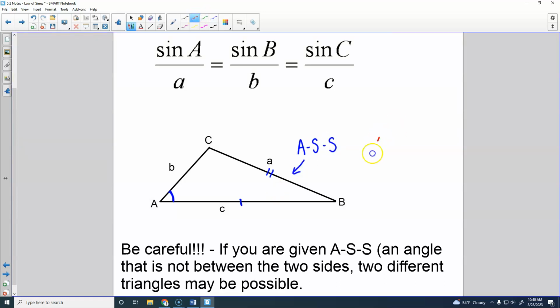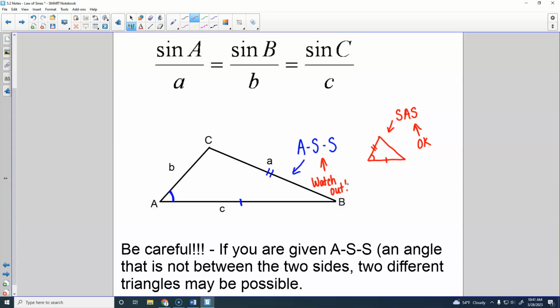If I had a triangle where I knew angle A right here, and I knew side C, but I also knew this side right here, this would be a side angle side situation. You have two sides and an angle, but that angle is the one between those two sides. This is okay, although you're going to have to use law of cosines on that, not law of sines. But we'll talk about that in more depth later. This is okay. This you've got to watch out for.